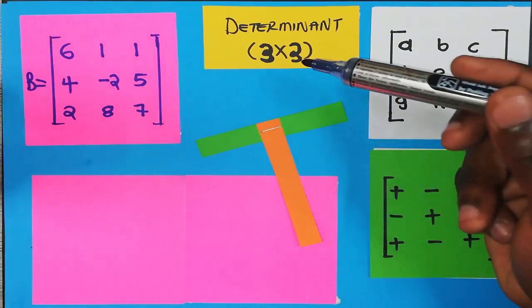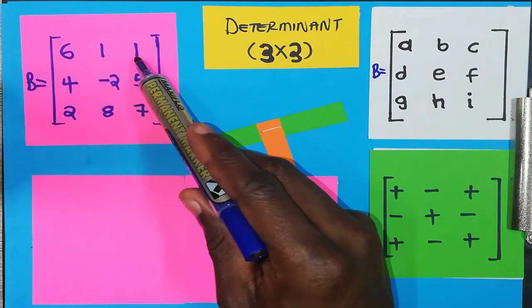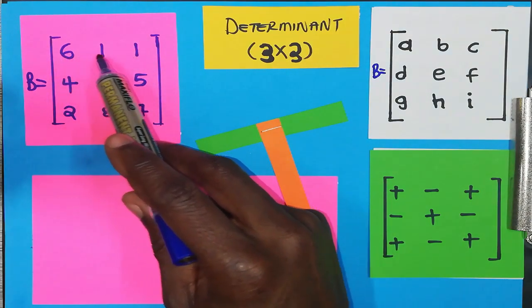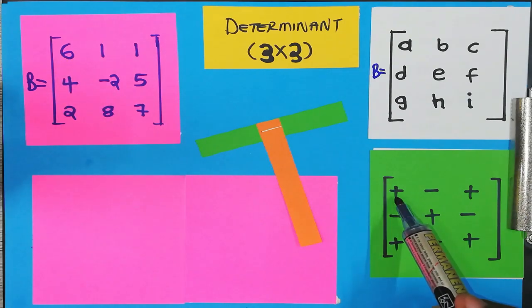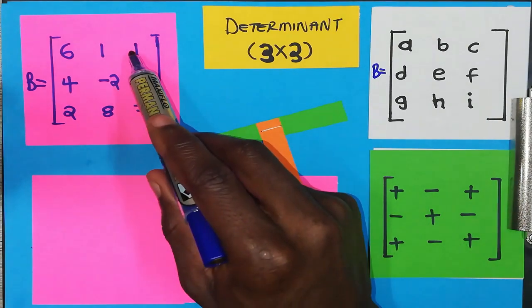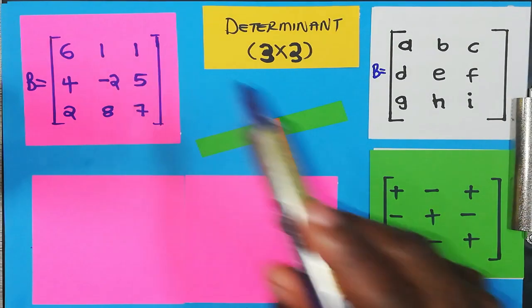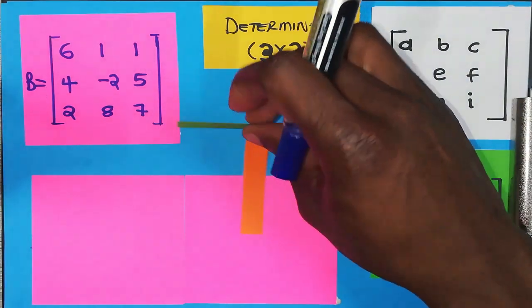In this tutorial I'm going to use the first row. If I use the first row, it means element 6 will be positive, element 1 will be negative, and the last element 1 will be positive. Let's begin.